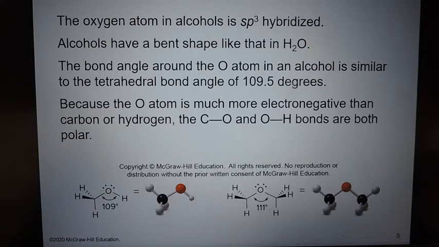And one of the things to keep in mind in this case is that both the carbon-oxygen as well as the oxygen-hydrogen bonds are polar, because the oxygen atom is much more electronegative than the carbon or the hydrogen. The diagrams at the bottom of the slide show the bond angles and the similarity between them.